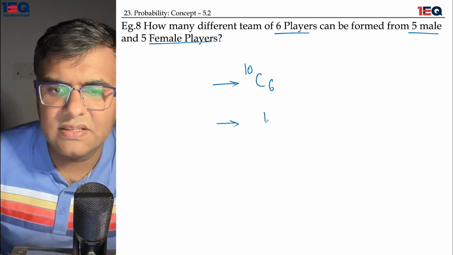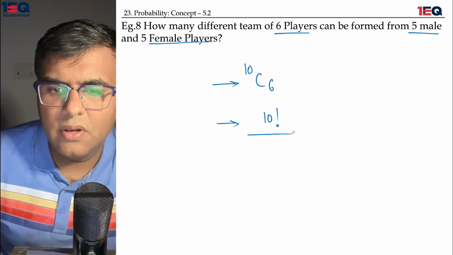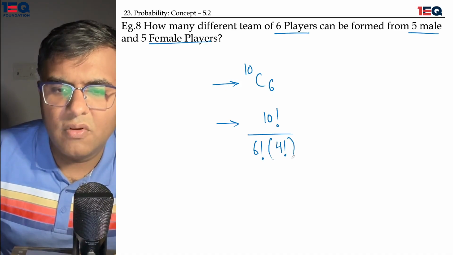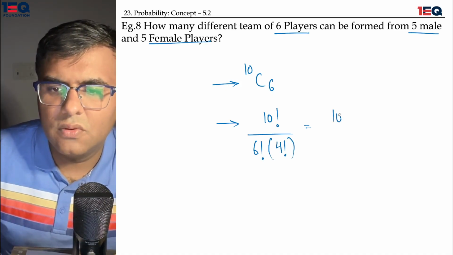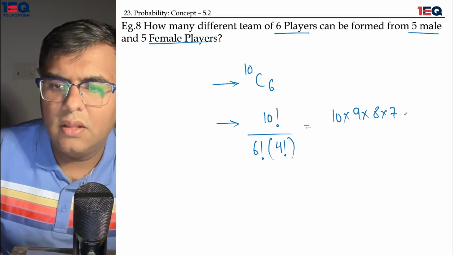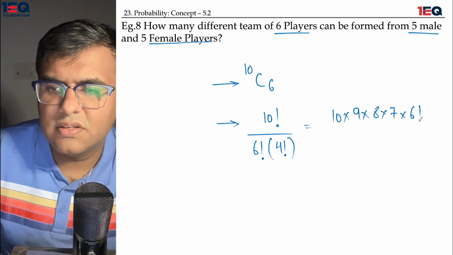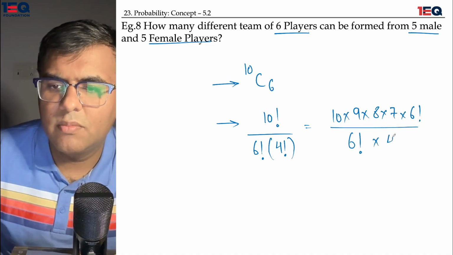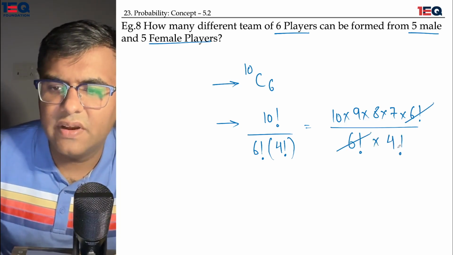So 10C6 stands for 10 factorial whole upon 6 factorial multiplied by 10 minus 6, that means 4 factorial. This would go to 10, 9, 8, 7, 6 factorial whole upon 6 factorial multiplied by 4 factorial. The 6 factorial gets cancelled with 6 factorial.